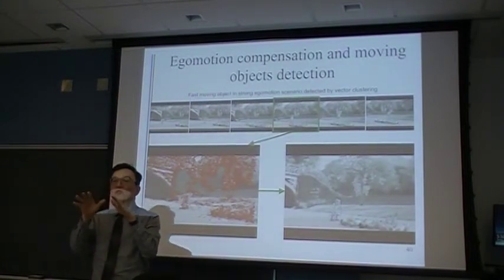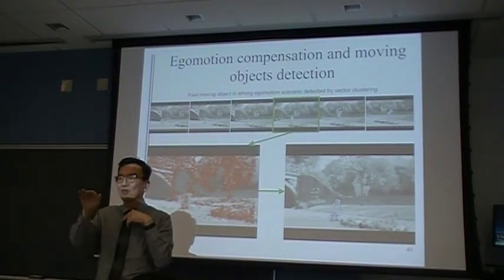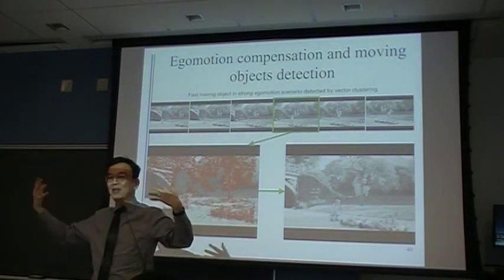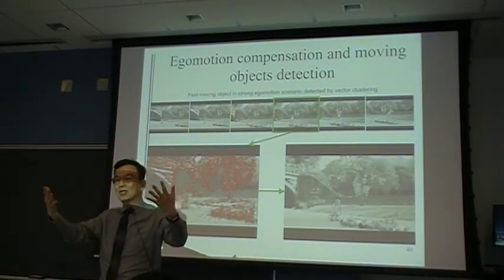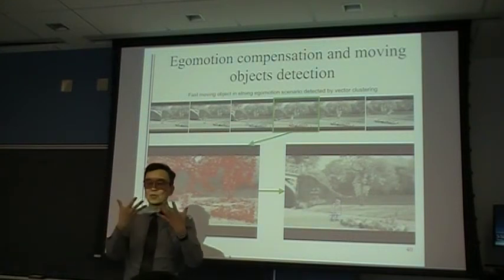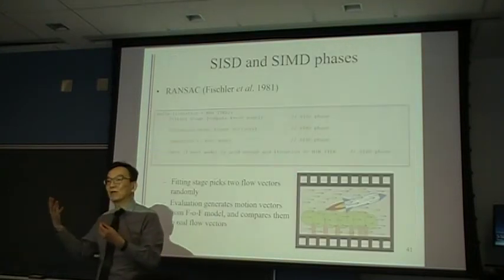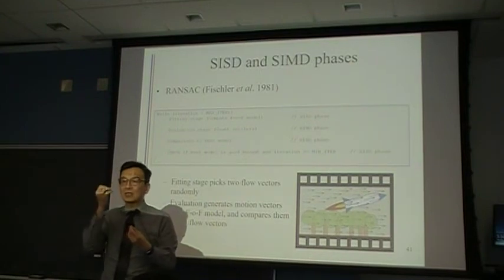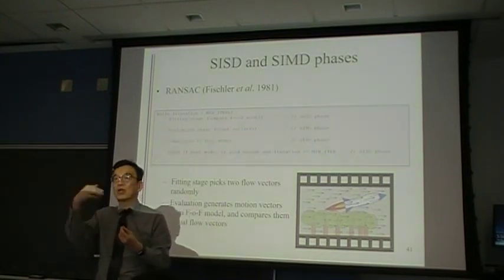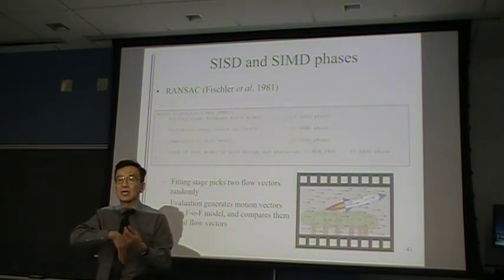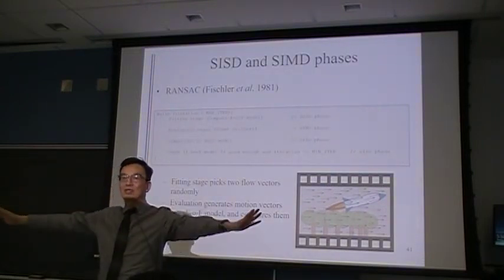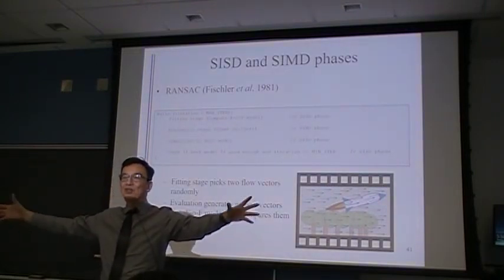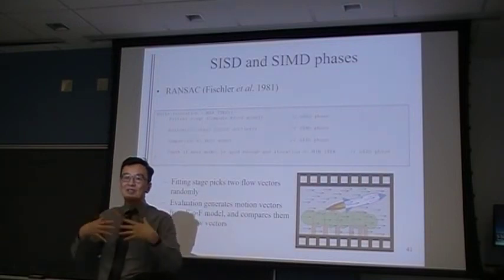Because when you are moving yourself, everything is relatively moving relative to you, right? But how can you tell that some of the objects are moving? Those are the objects that can potentially run into your course, whereas other objects are really just in the background, stationary, and appear to be moving because of your movement, right?